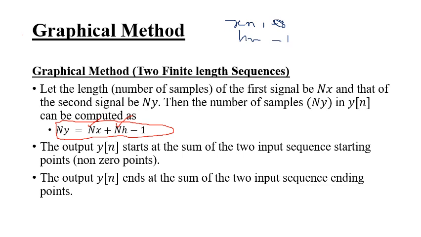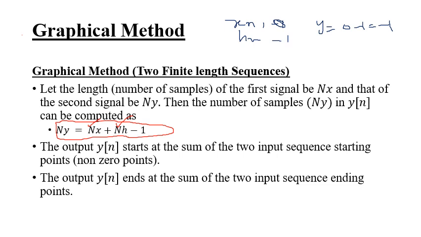So the start point for y of n will be 0 minus 1, which is equal to -1. So y of n will have non-zero values starting from -1.